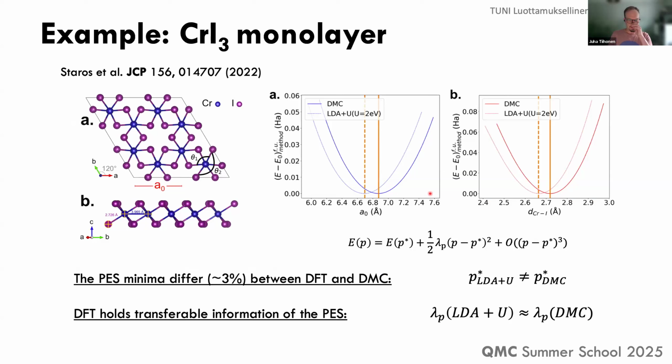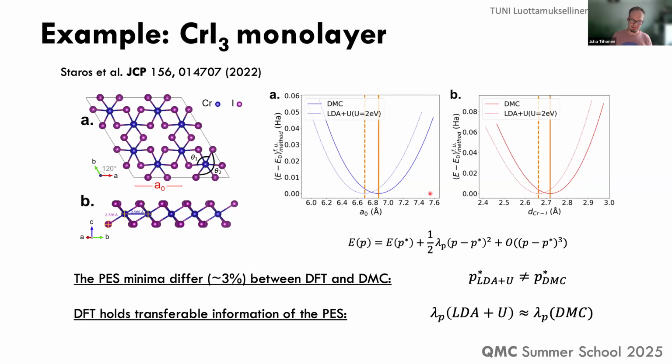Now, if we take slices through the PES along changes in 2 of these parameters, we see that the dotted line is a DFT PES, which gives the minimum of energy at some value, and then there's DMC, which gives another value for both of these parameters actually.